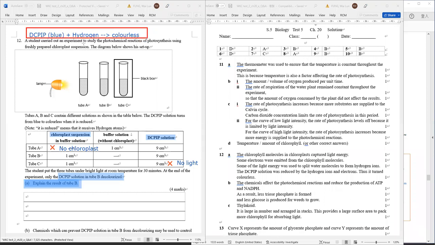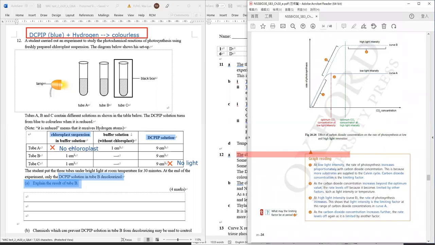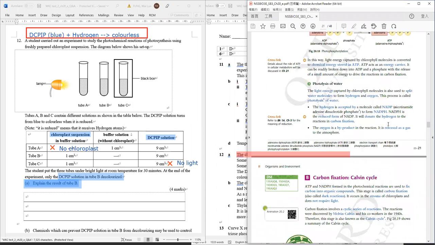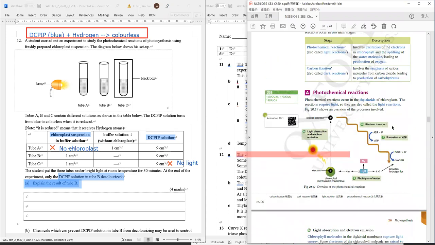So you need to explain why we produce hydrogen. Okay, first one, the chlorophyll molecule absorbs light energy, captures some light energy. If you need to refer to your textbook, you can refer to photochemical reaction. That is page 20.